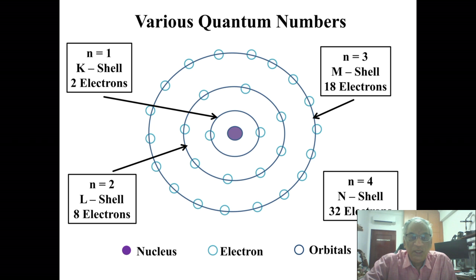If n is equal to 3, n² is 9, times 2, 18 electrons are permitted in the M shell. Similarly, for n equal to 4, the N shell, 32 electrons. It continues like that. So the number of electrons in each principal shell is known, and in the subshells the number of electrons is decided according to different rules.